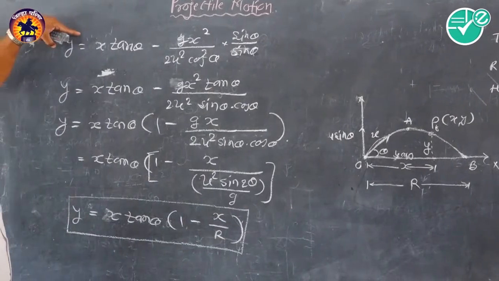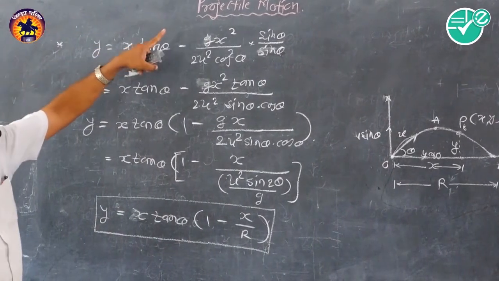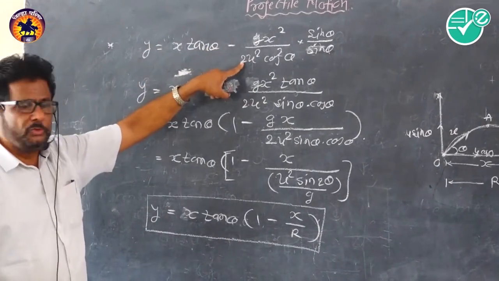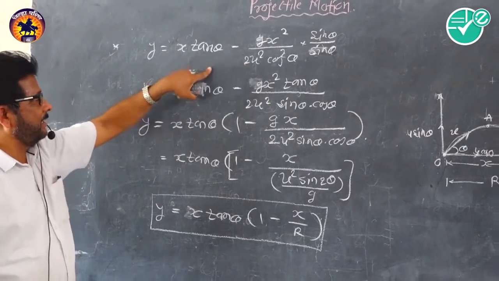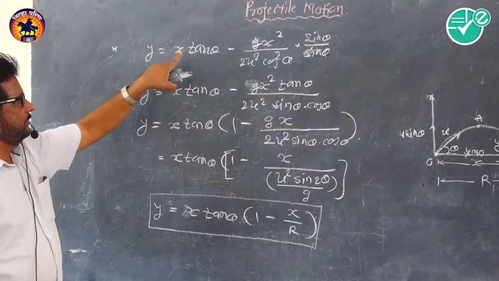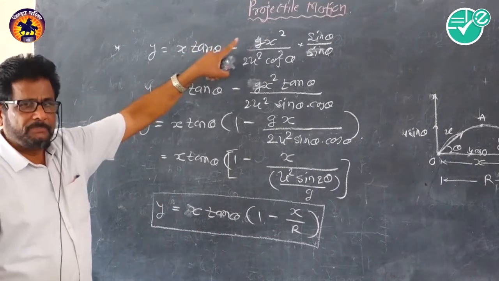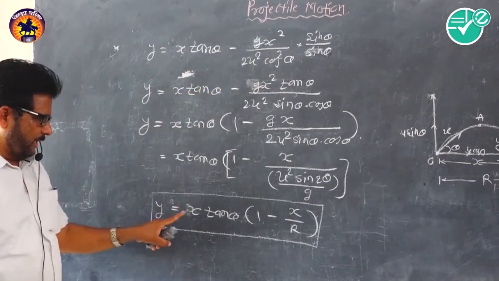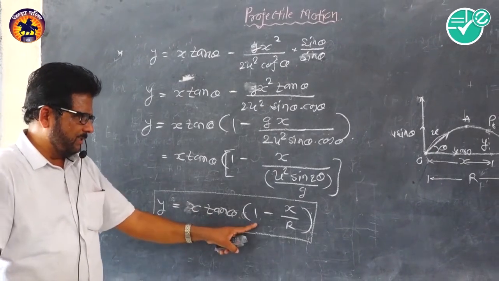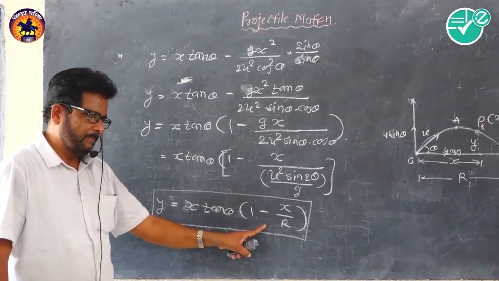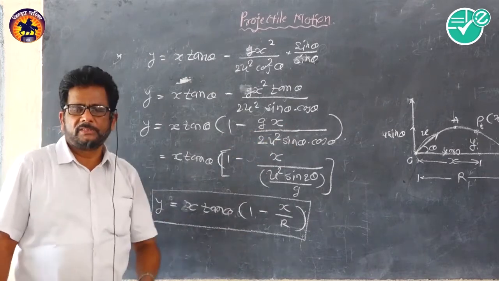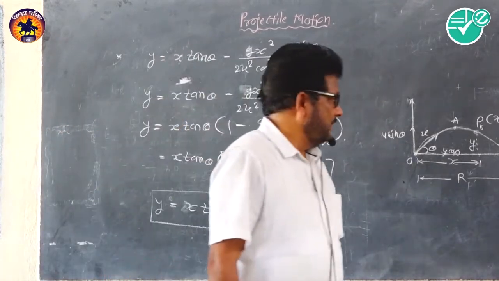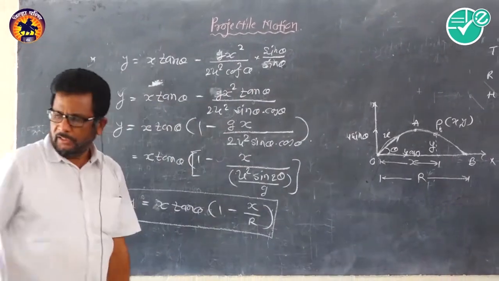Number one, y equal to x tan theta minus g x square upon 2 u square cos square theta. Second, y equal to a x minus b x square. And third, y equal to x tan theta into 1 minus x by R. In this way, the equation of the trajectory can be written in different ways.